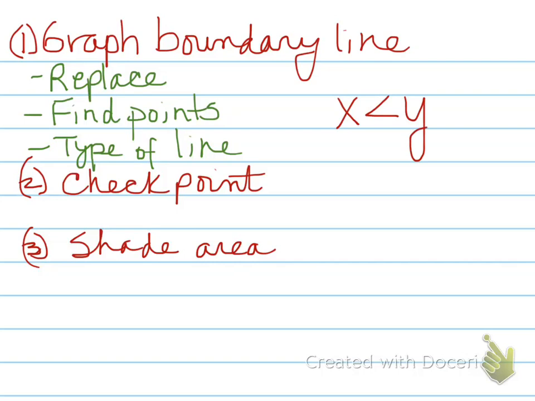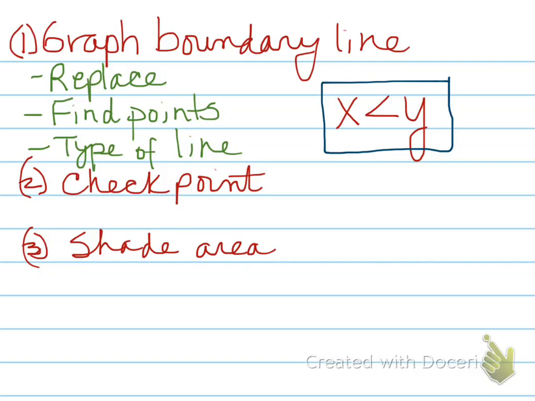So that is our inequality. And the first thing, there are three major steps to graphing a linear inequality. You have to graph the boundary line, do a checkpoint, and then shade the appropriate area.